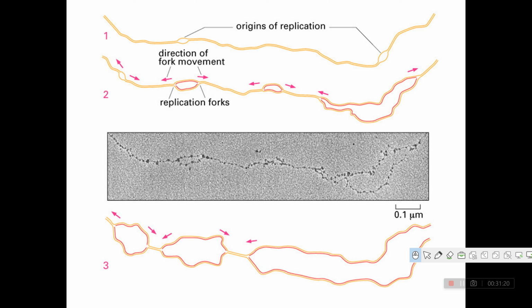This is the actual picture. When we see cell division in a cell under the microscope, you see this figure only. See, this is a microscopic diagram. This is the DNA where replication takes place.